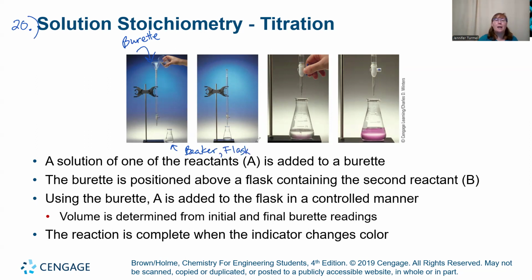We use beakers in our lab, but you can also use Erlenmeyer flasks. We usually use a beaker because we're also using a pH probe, and both of them don't fit into an Erlenmeyer flask. So down below, usually in your beaker or your flask, you have hydrochloric acid. In your burette on the top, you have sodium hydroxide.